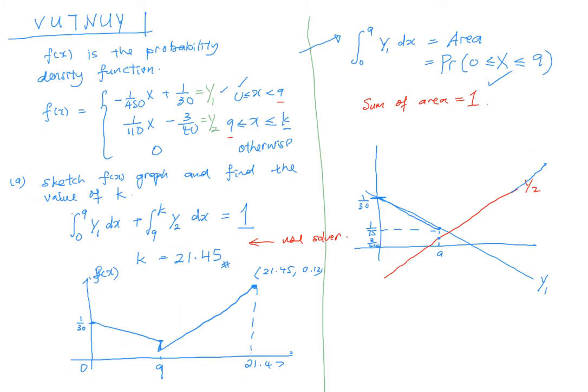Next, what else will they ask you? They will ask you to find the expected value, correct? Okay, how to find my expected value? That means it's the mean. How to find the mean?